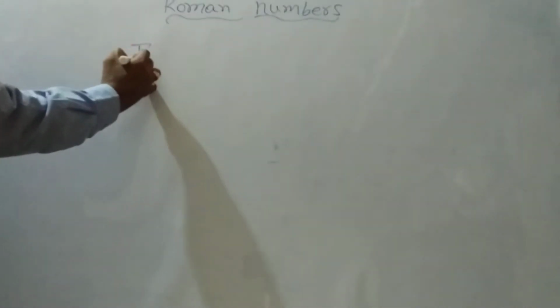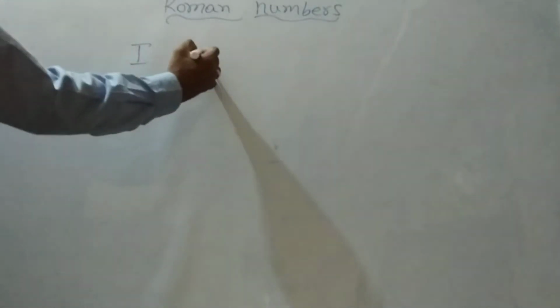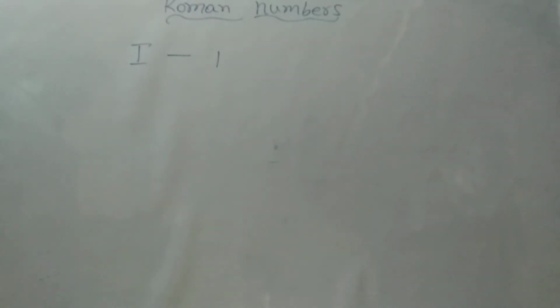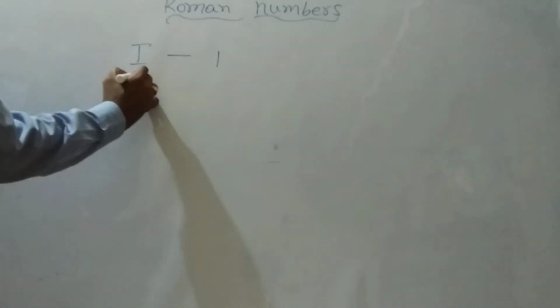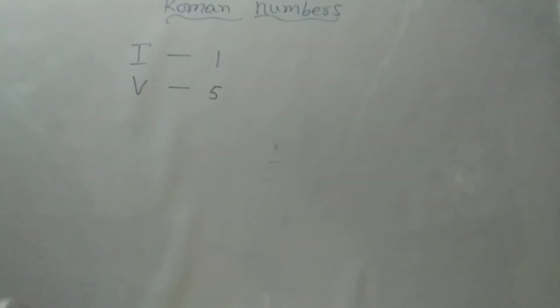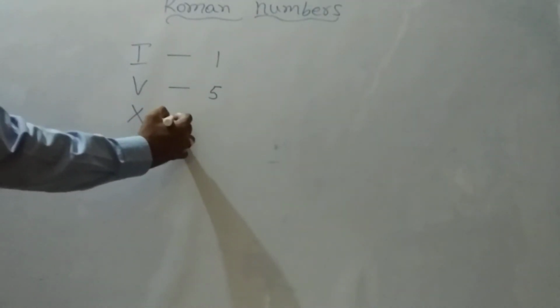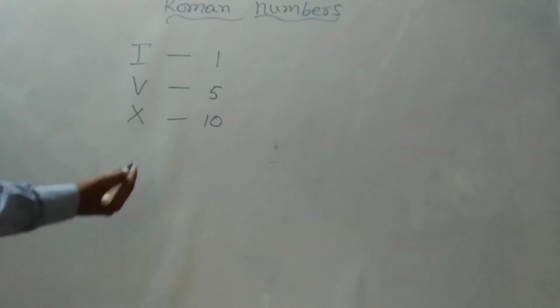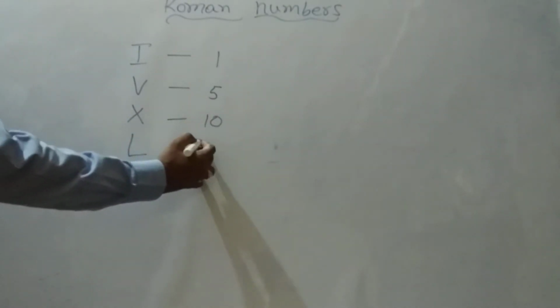In Roman numerals, we start with I. It represents 1. One more symbol, V, represents 5. One more symbol, X, is 10. Next, L, 50.